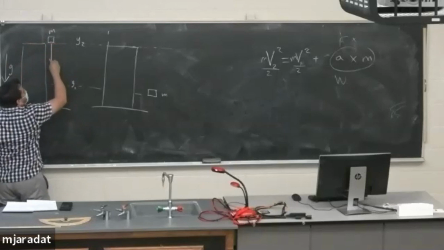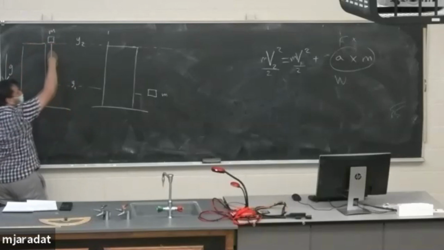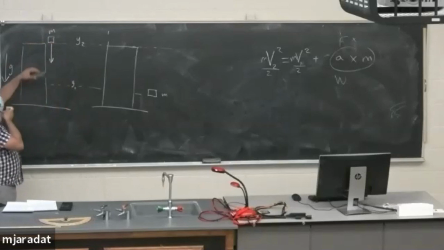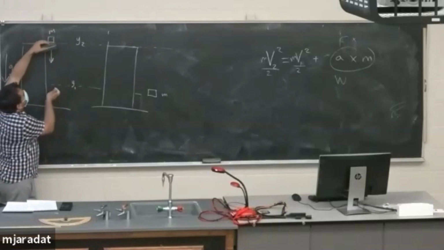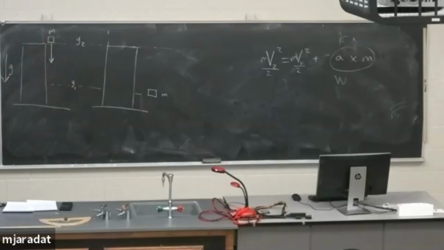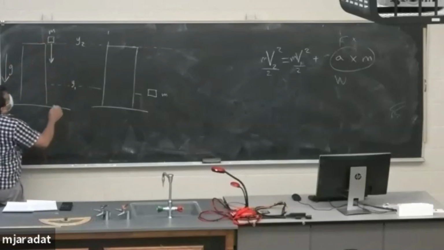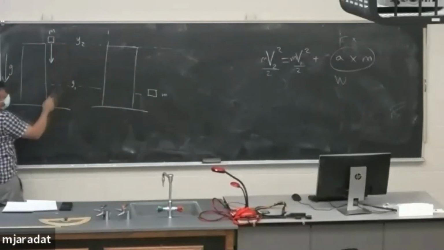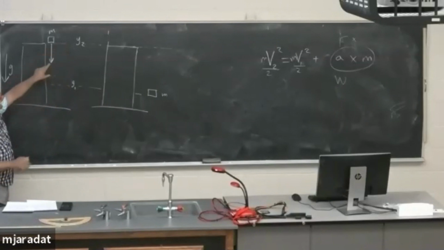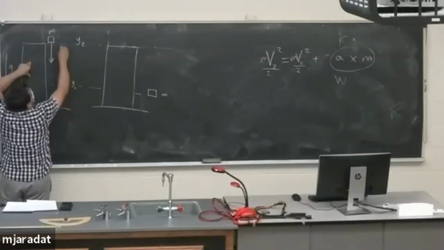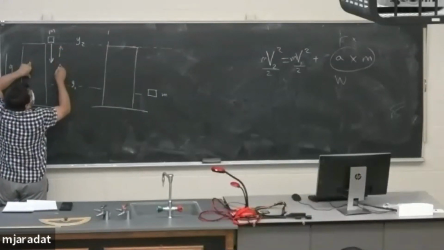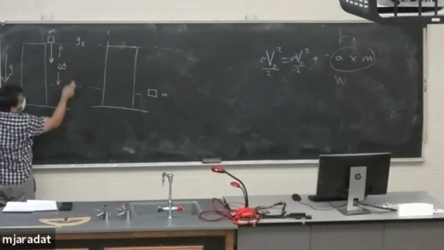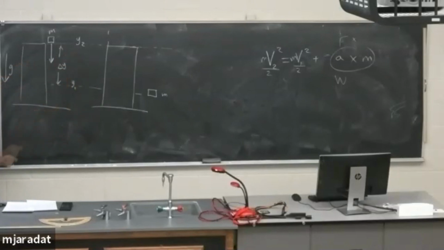This work is done by gravity to move the object, because the mass is here, we let it move, and then it has a kinetic energy. If the mass moved from y2 to y1, this is delta y, which is y1 minus y2 in this case.